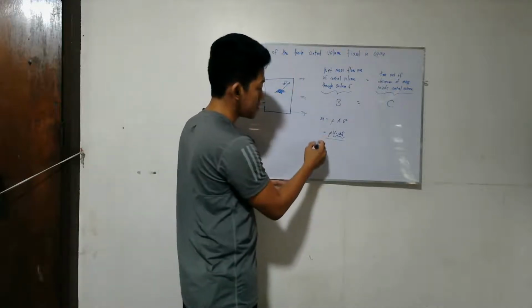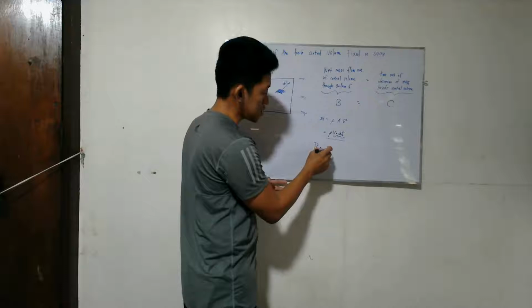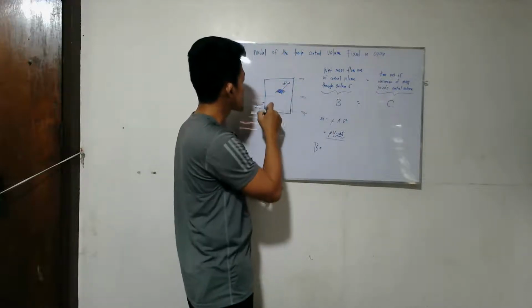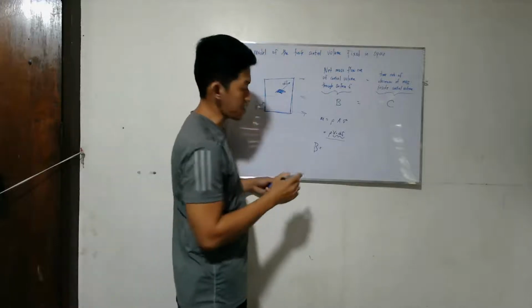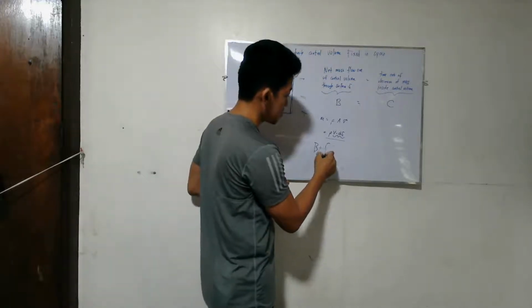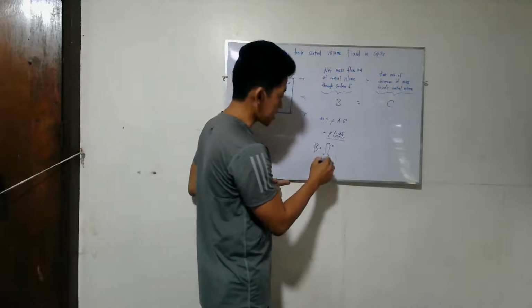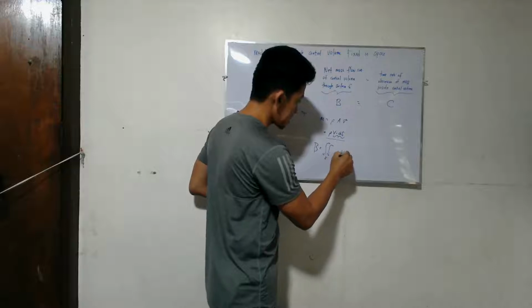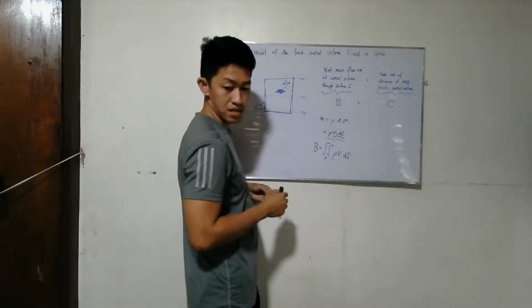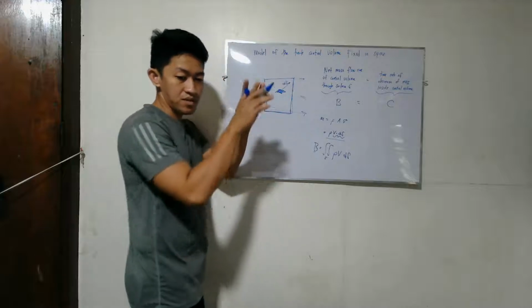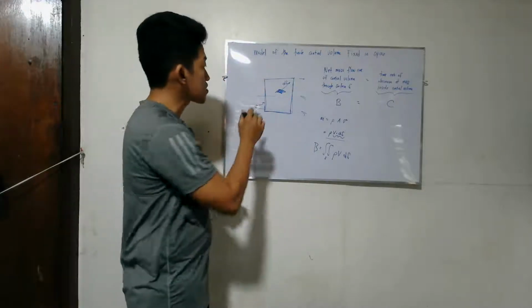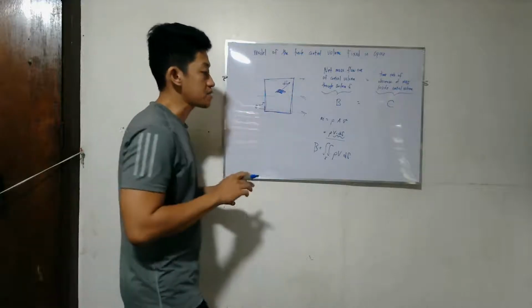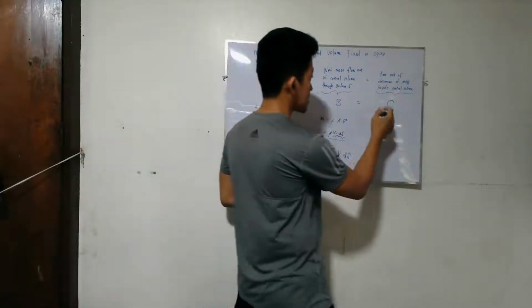Therefore, your B now is the summation of all these, no? You sum it up, because it is a surface, so get the surface integral of rho v dot dS, so that you get all the mass flow over your entire surface area.